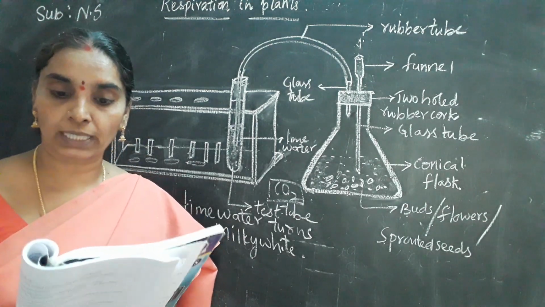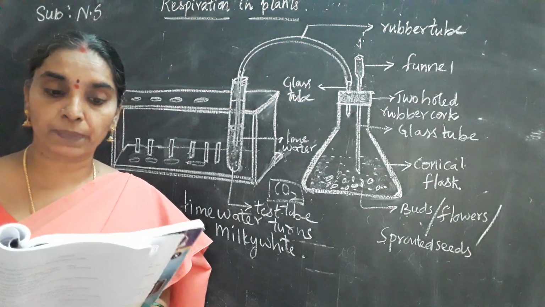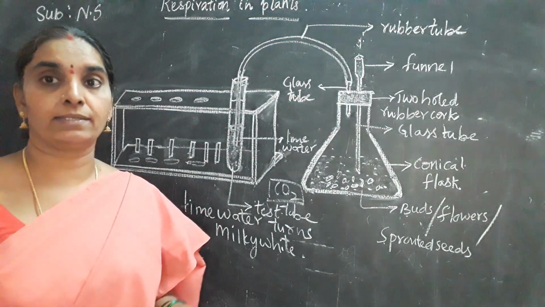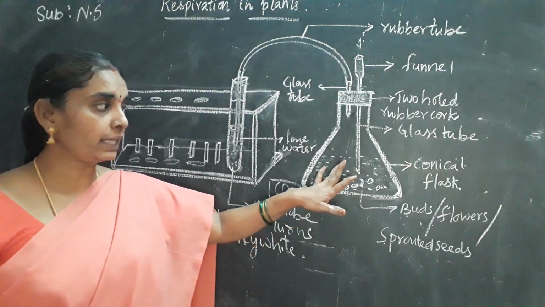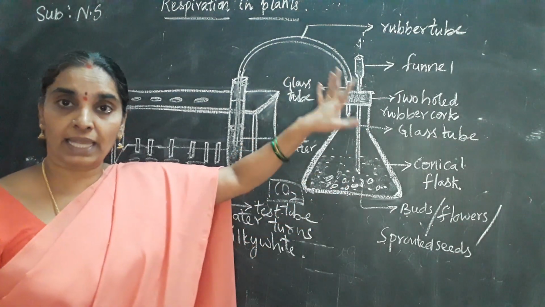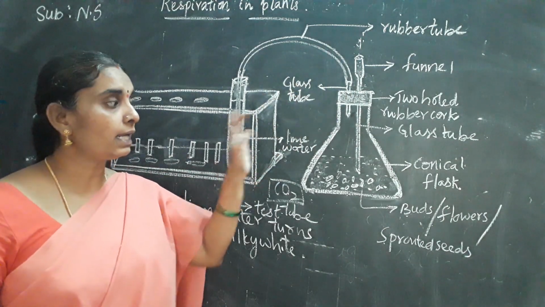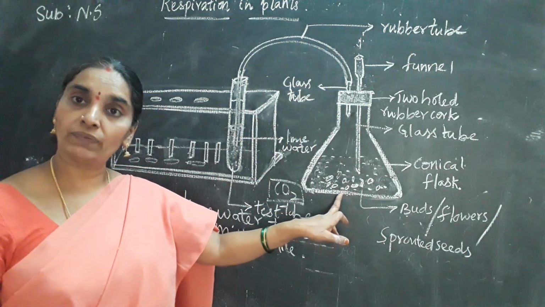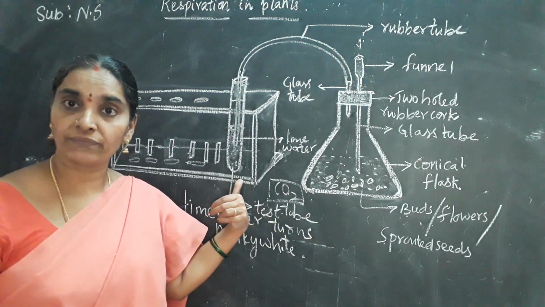On the basis of your observation in these experiments, can you say that flowers, buds and sprouted seeds respire? Yes, they also respire because the gas that is released turned lime water to milky white. Earlier, when you did not take the buds or flowers or sprouted seeds, no change took place in the color of the lime water.